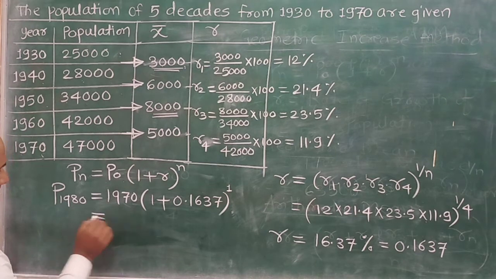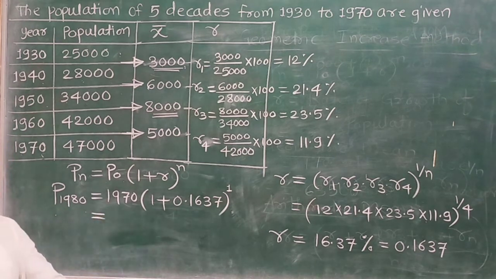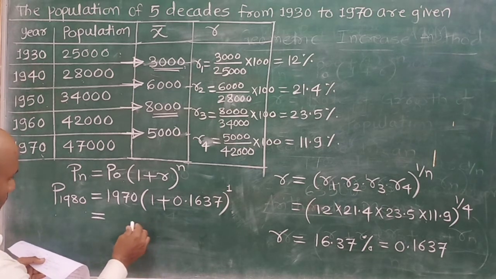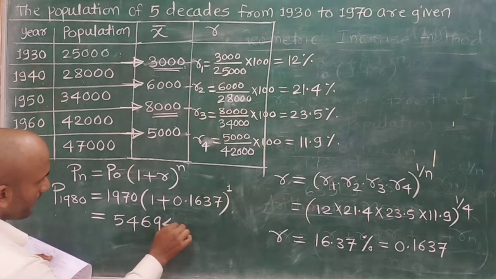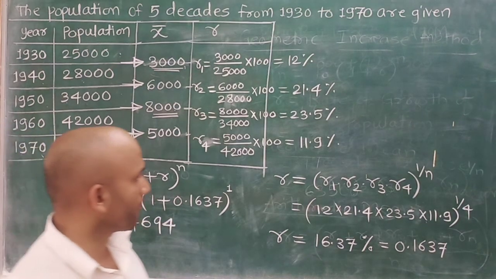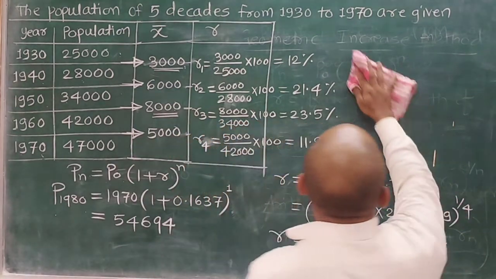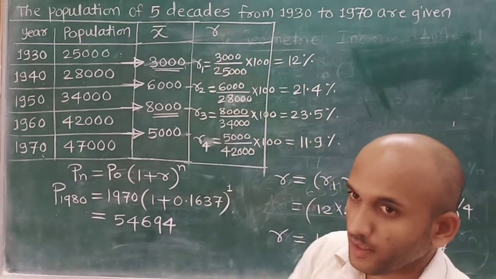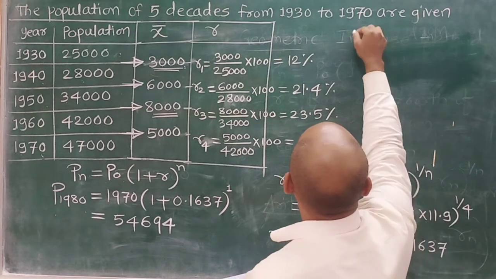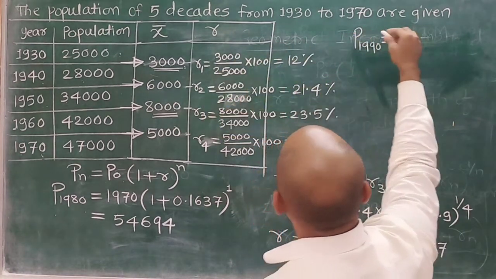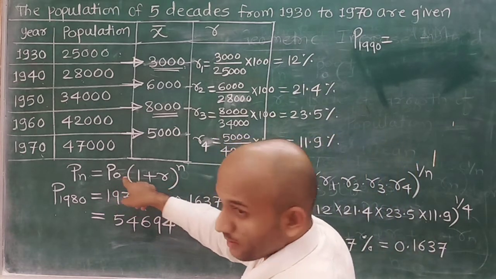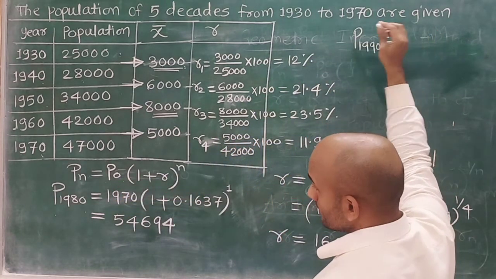Now population in 1980, how much? Population in 1980, that will be 54,694. Check the value. Then population in 1990, that will be again the same formula.